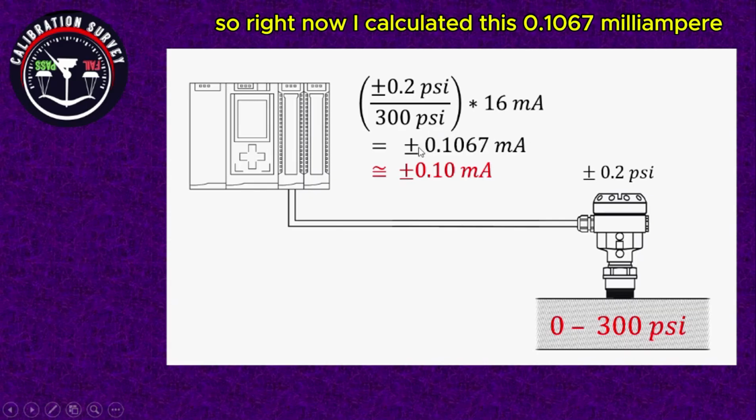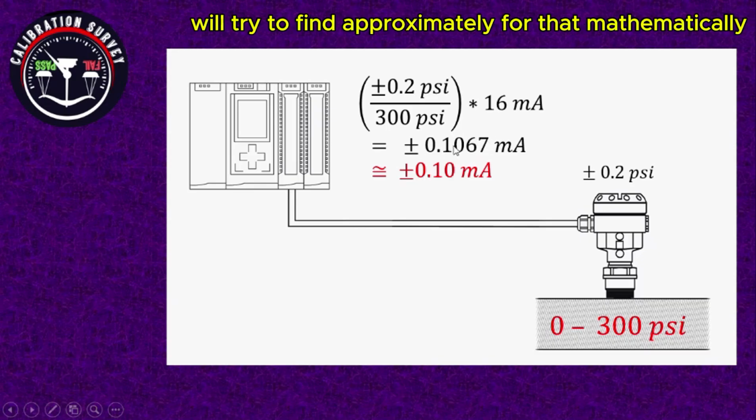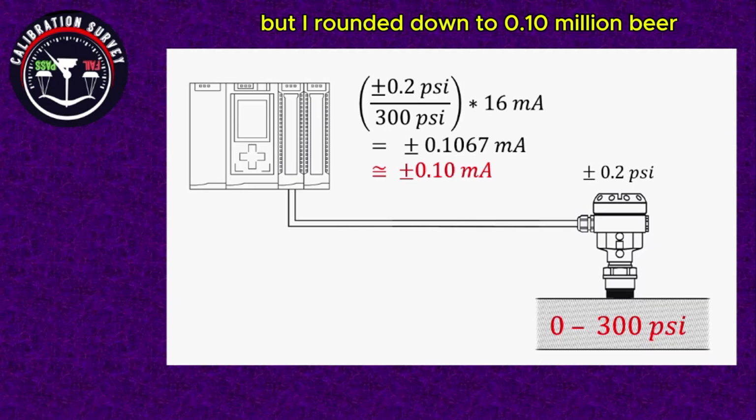So right now I calculated it is 0.1067 milliampere. I will round it to 0.10 milliampere. And why didn't I write 0.11? If I were to round approximately, mathematically it will be 0.11 milliampere. But I rounded down to 0.10 milliampere.